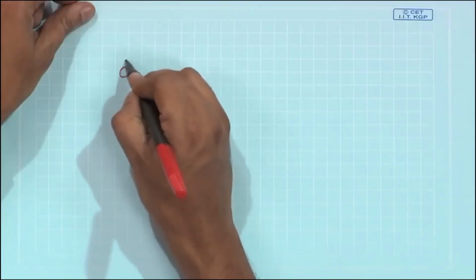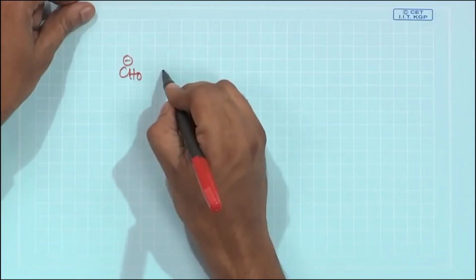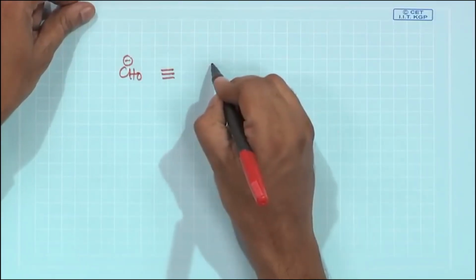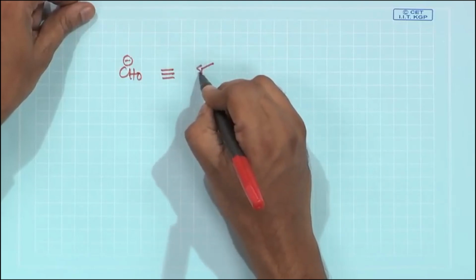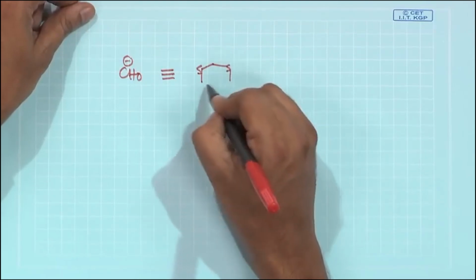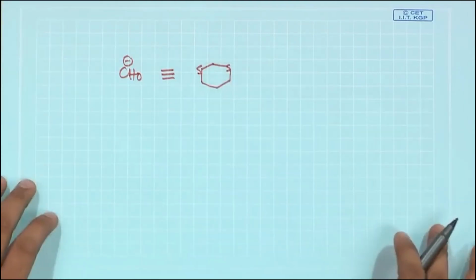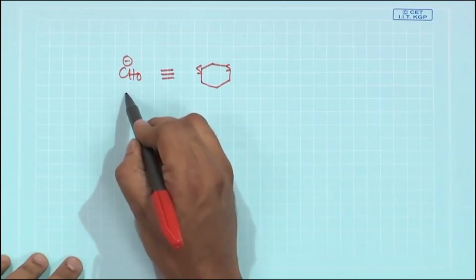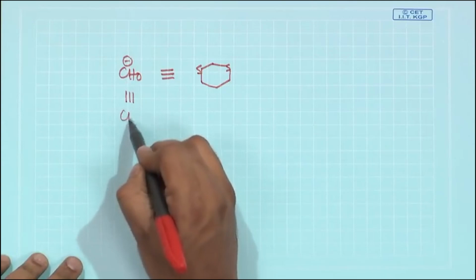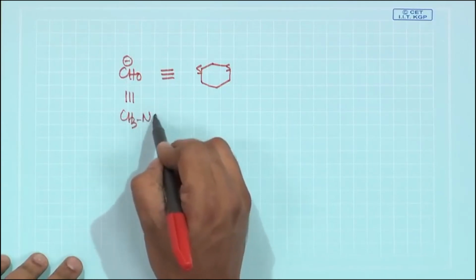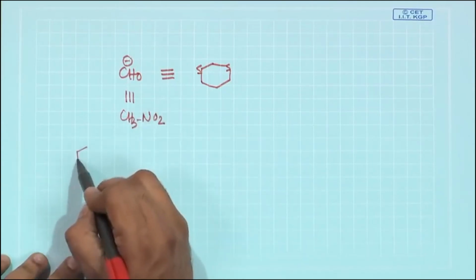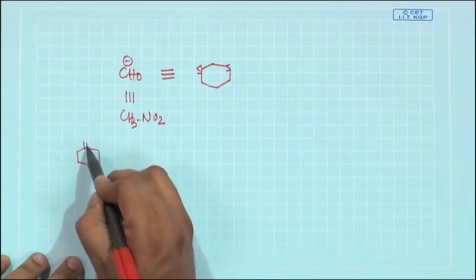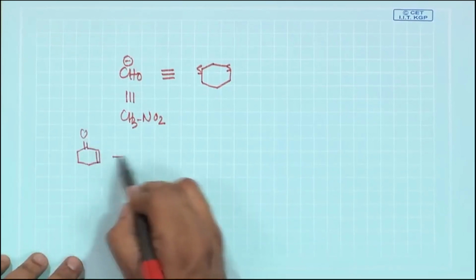Now, what is this? It says that this formyl anion is a synthetic equivalent and it can be generated from a 1,3-dithiane species of formaldehyde, or this anion can also be generated from nitromethane. Now, come to the real system, which we initially proposed, which is cyclohexenone.